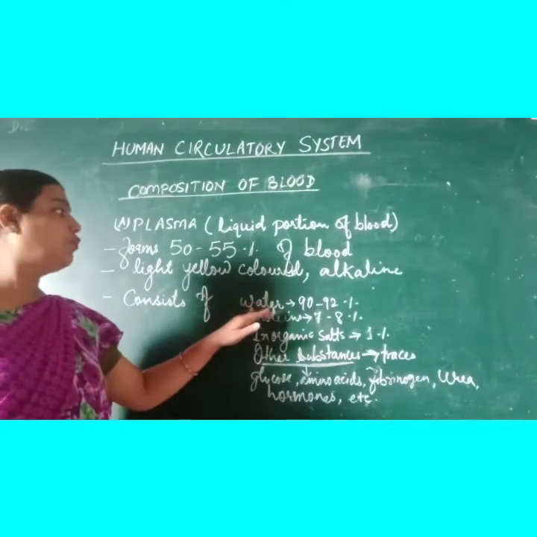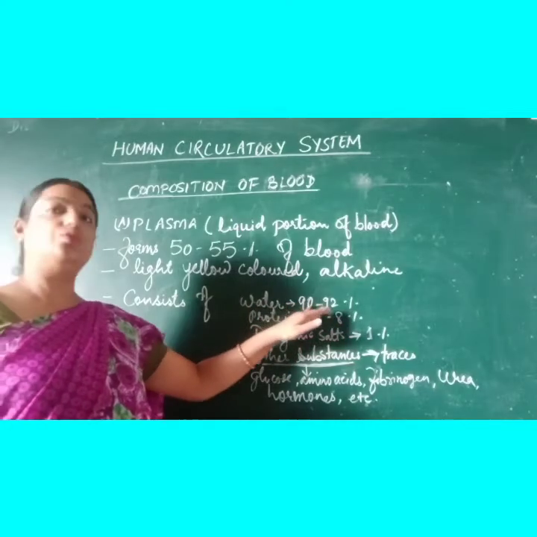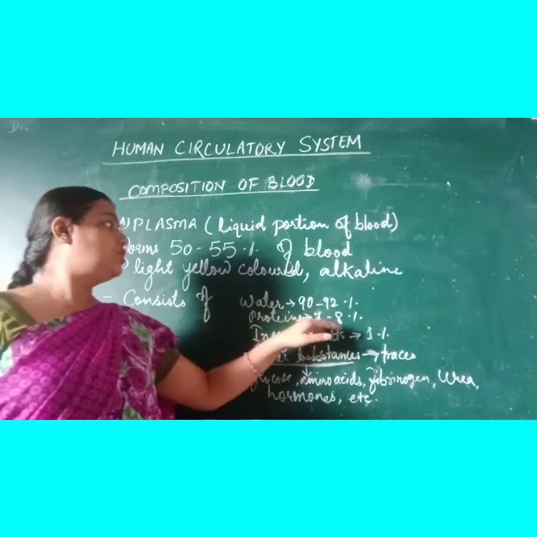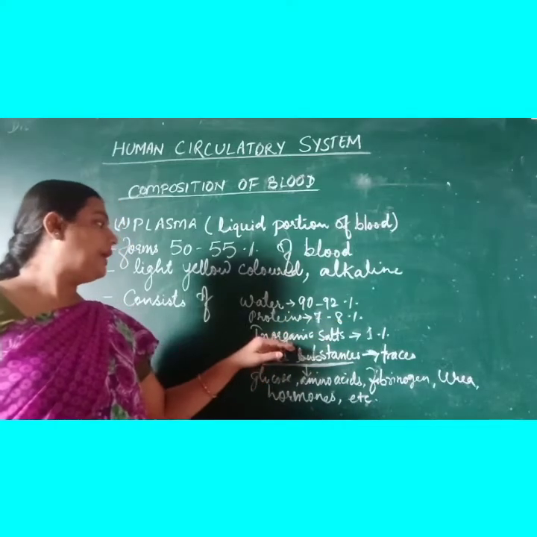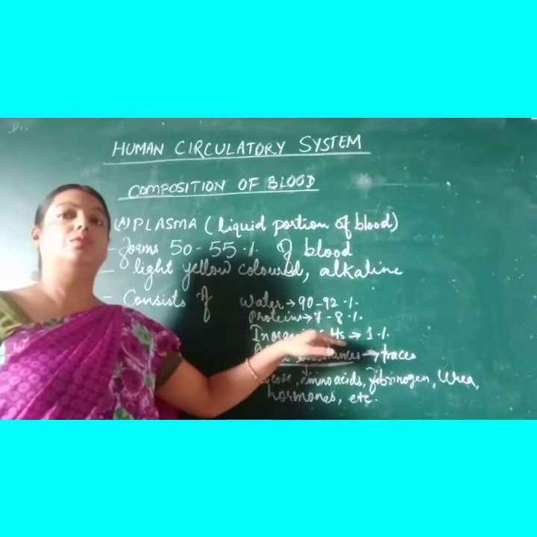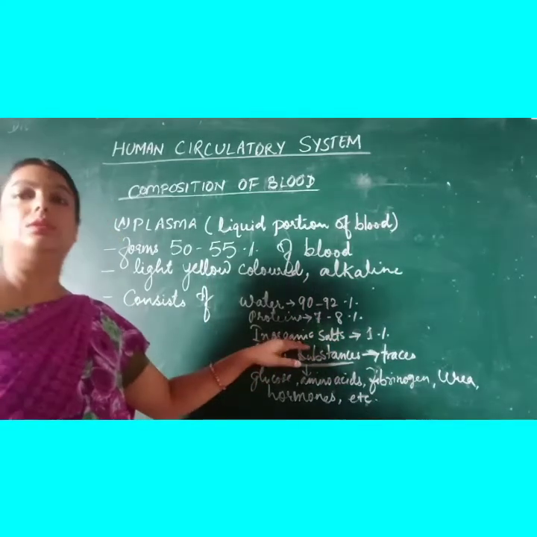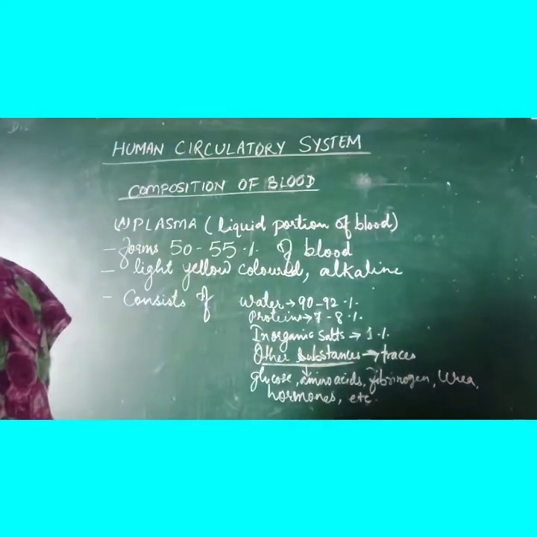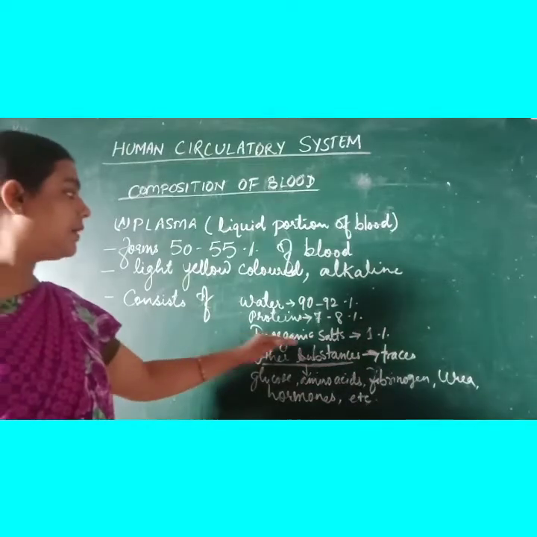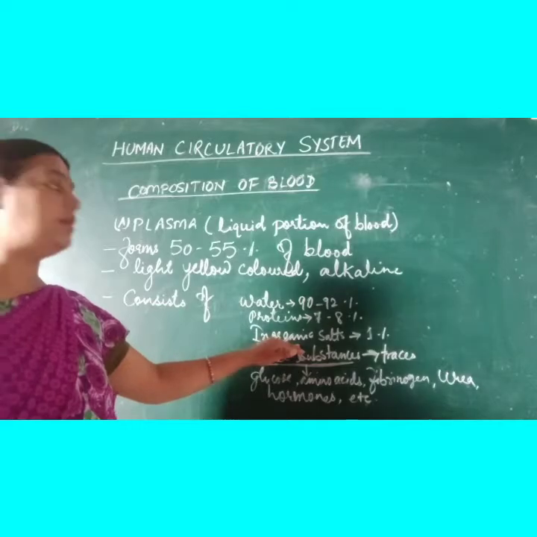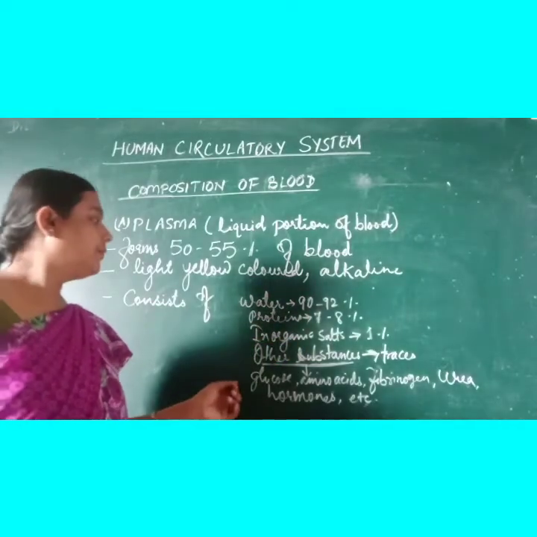Plasma contains water, it can be 90 to 92%, proteins 7 to 8%, inorganic salts 1%. In inorganic salts, children, important salts are sodium chloride and sodium bicarbonates.